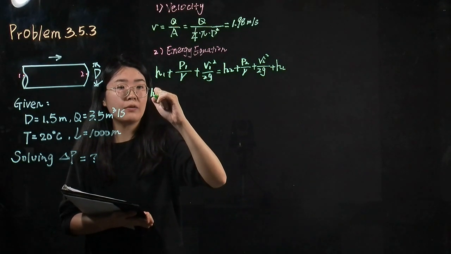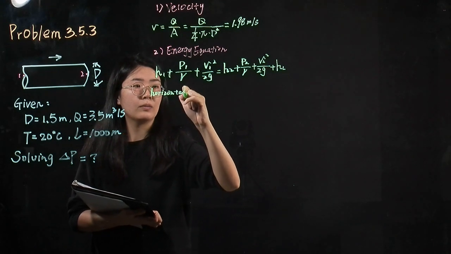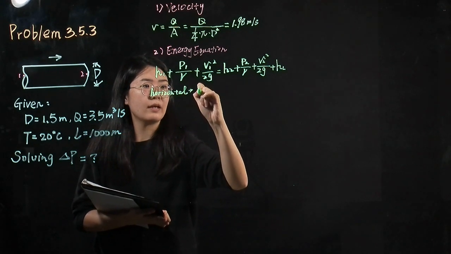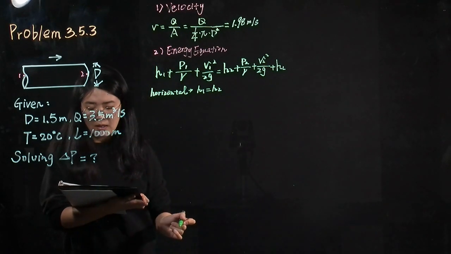Because it's a horizontal pipeline, we know that H1 should equal H2.